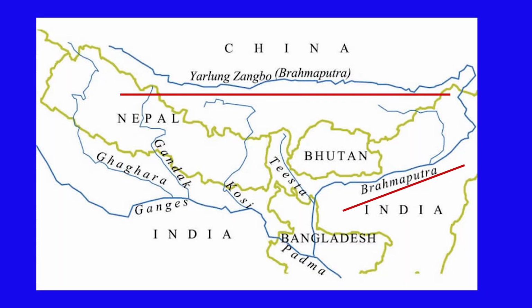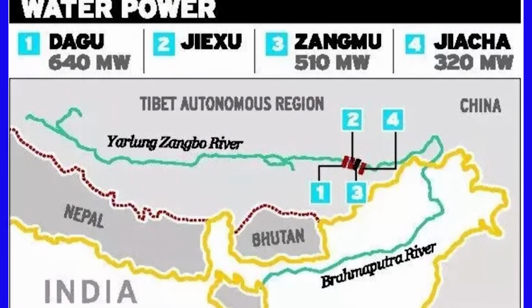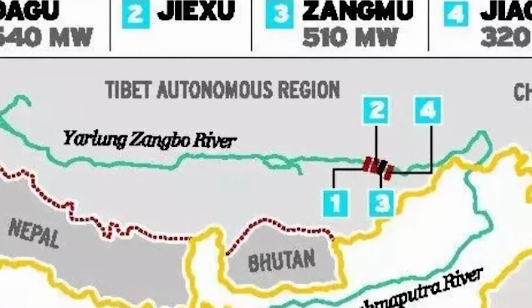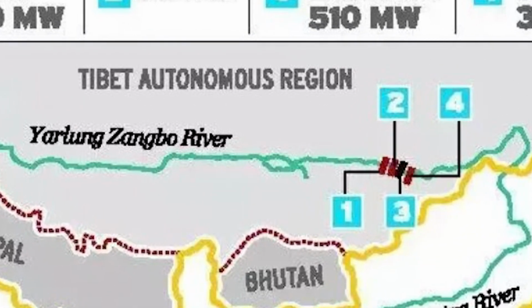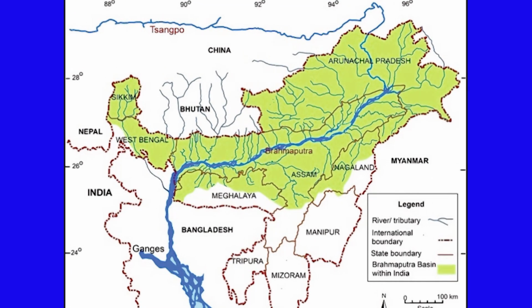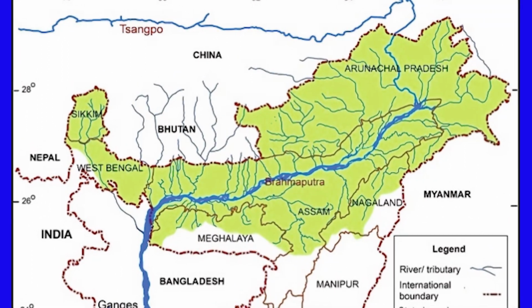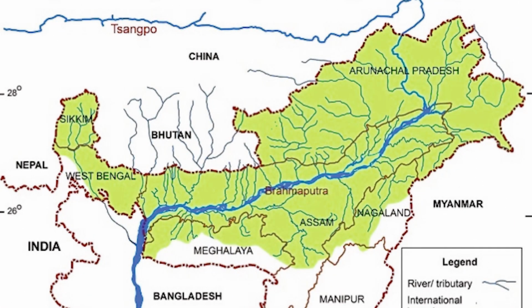Also, we can see the issue of the Brahmaputra. The Brahmaputra originates in China, then flows through Assam and goes into Bangladesh, but China is now trying to build dams that will divert the waters of the Brahmaputra, for generating hydropower and so on. If these programs materialize, then the part of the Brahmaputra in India would dry up and eventually kill a number of livelihoods and populations in India and Bangladesh.